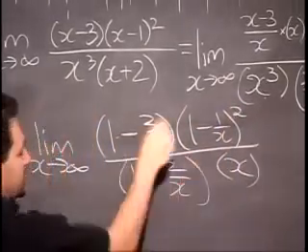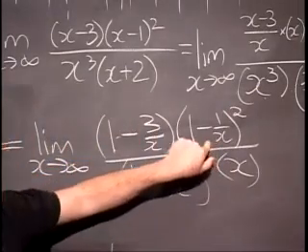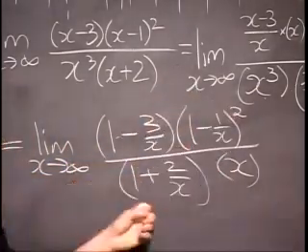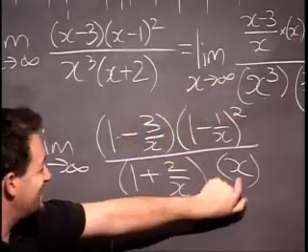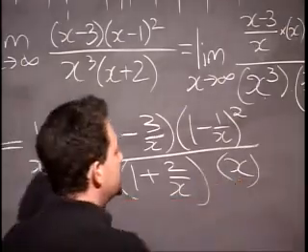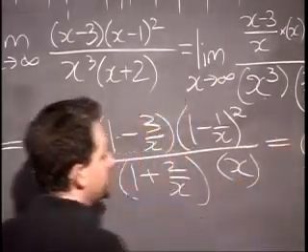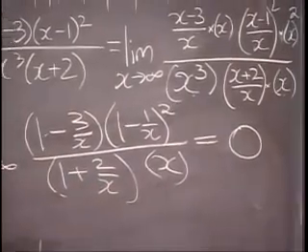So you get 1 minus 3 over x. Well, that goes to 1. 1 minus 1 over x goes to 1. 1 squared is 1. 1 plus 2 over x goes to 1. Everything here goes to 1. This is the only thing left. And because of this x, this limit equals 0. You end up with 1, 1, 1, and a huge number on the bottom. So the limit is 0.